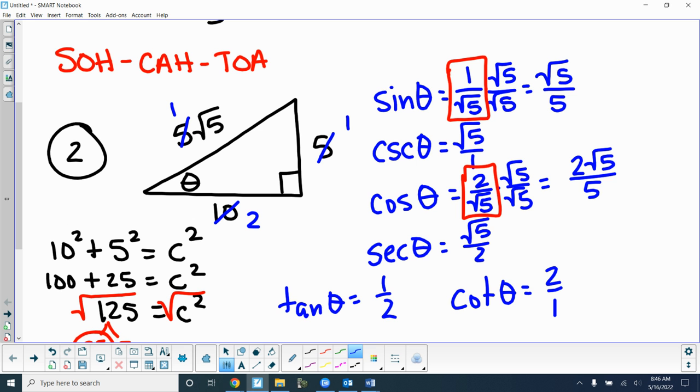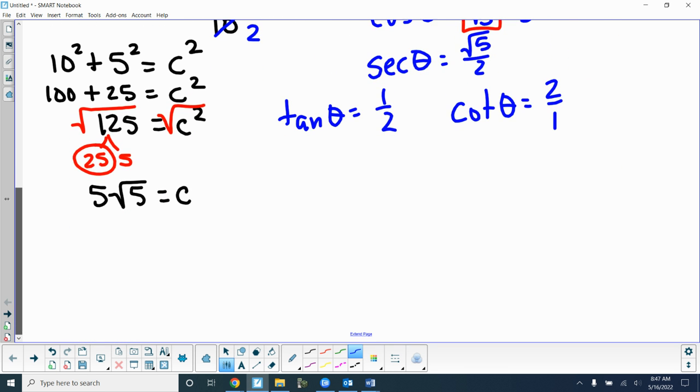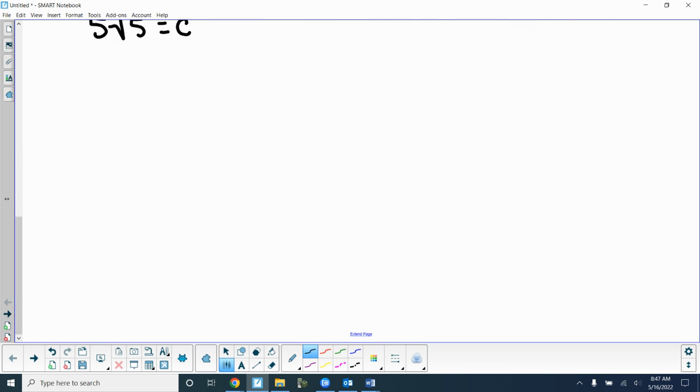Okay, 3 and 4, you can write a decimal because you're using the calculator for the whole thing. But you got to draw a picture. You got to read it and draw a picture of what's going on. So this says the surveyor whose eye level is 10 feet above the ground determines the angle of elevation to the top of an office building to be 35.7 degrees.